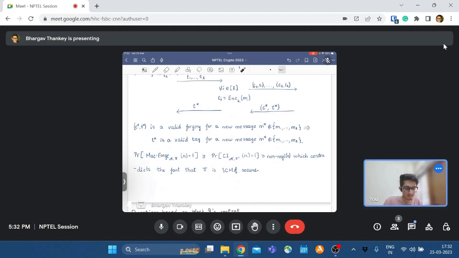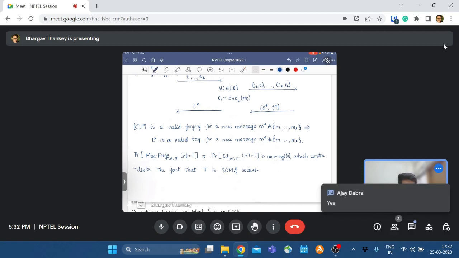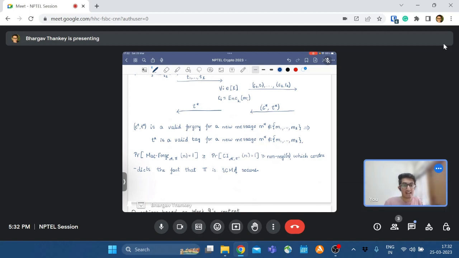Is this fine? Yeah. So the probability that A succeeds is at least the probability that A prime succeeds. But by assumption, A prime can break ciphertext integrity, so this is non-negligible. But that is a contradiction because pi is secure.